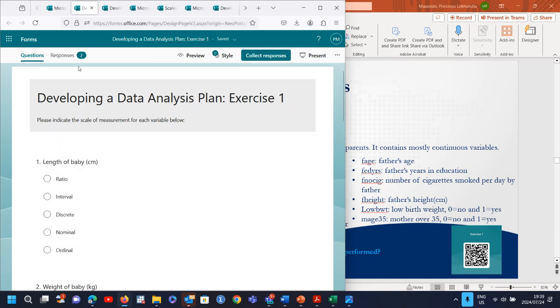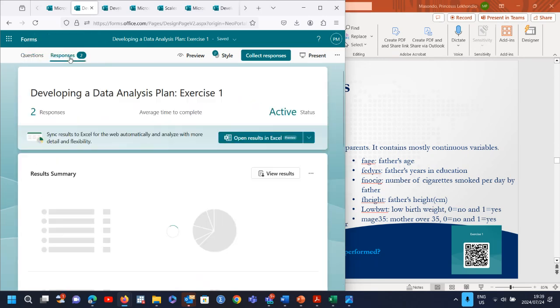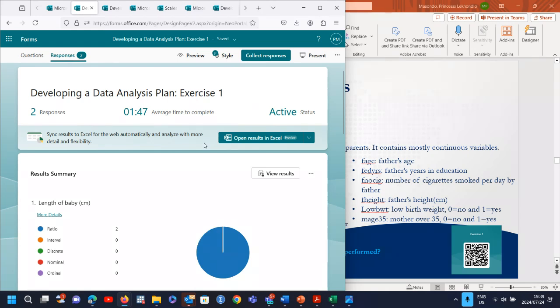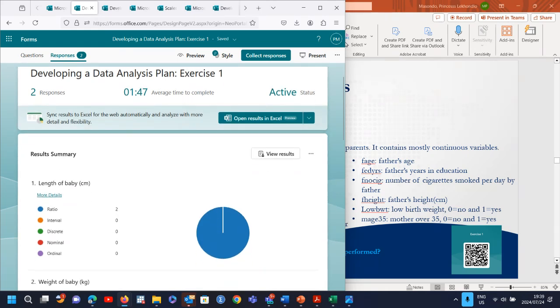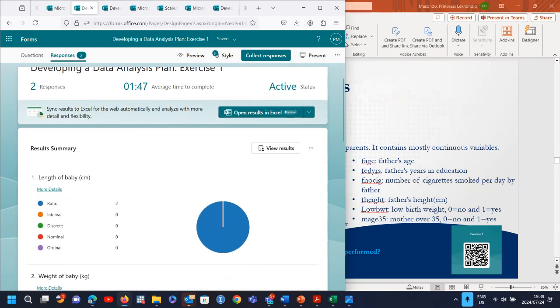Okay, I'll look at the responses now. If we look at the length of the baby, I think it's fine to say it is ratio, even though I suppose we know length can have 0. In this context, the baby can't have a 0 length, but in the true meaning of the variable length, it can.